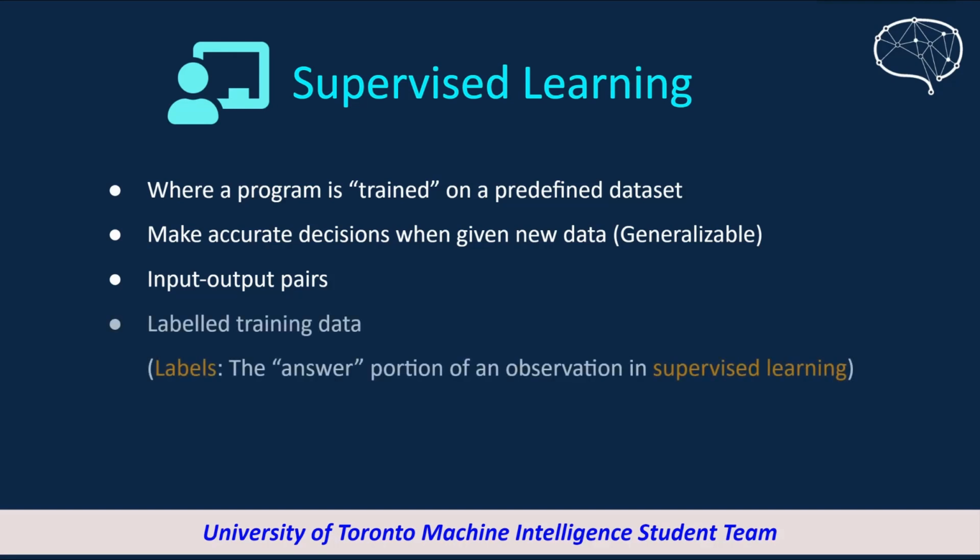A supervised learning algorithm analyzes the training data and produces an inferred function, which can be used for mapping new examples. In supervised learning, we have labeled training data. As we mentioned before, labels are the answer portion of an observation or the features that we want to predict.